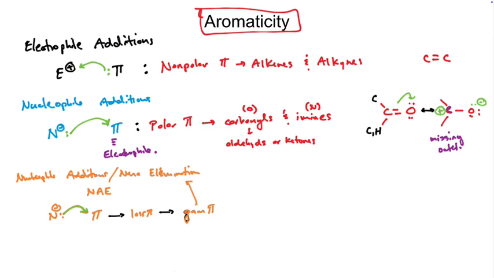We're following the same core chemistry, which means, again, we're going to have polar pi bonds. But these polar pi bonds are slightly different than the nucleophile addition carbonyls and imines. These polar pi bonds, and carbonyl is the primary category, are carbonyls with leaving groups.